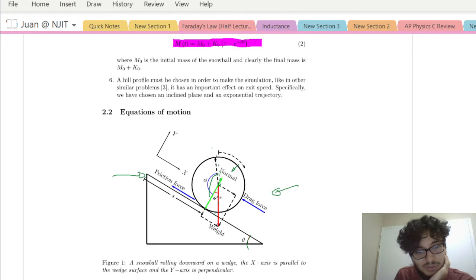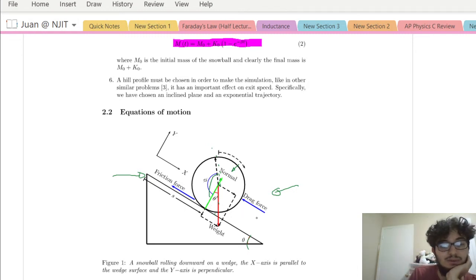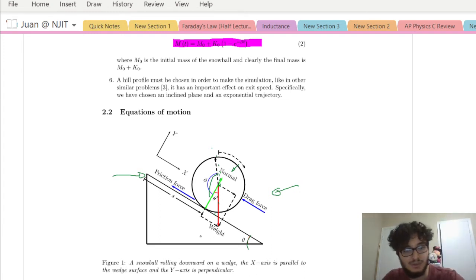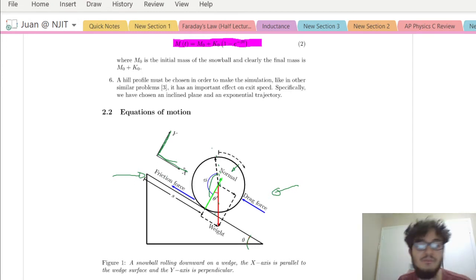So it's the angle between the normal force and the supplement of theta. They're assuming that the coordinate system is like this, so x is in the direction of the incline and y in the direction of the normal. Okay.